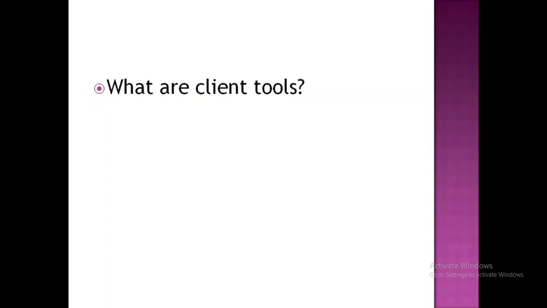What are client tools? Client tools are used to create reports and manage the BO platform. So client tools are basically of two types. First is your desktop client tools, and second is your web-based client tools. Desktop client tools don't come with the BO installation, and you have to install them separately using a client tools installation.